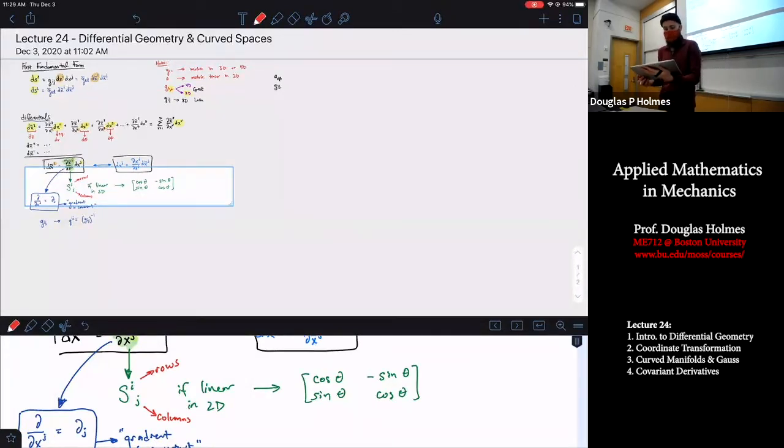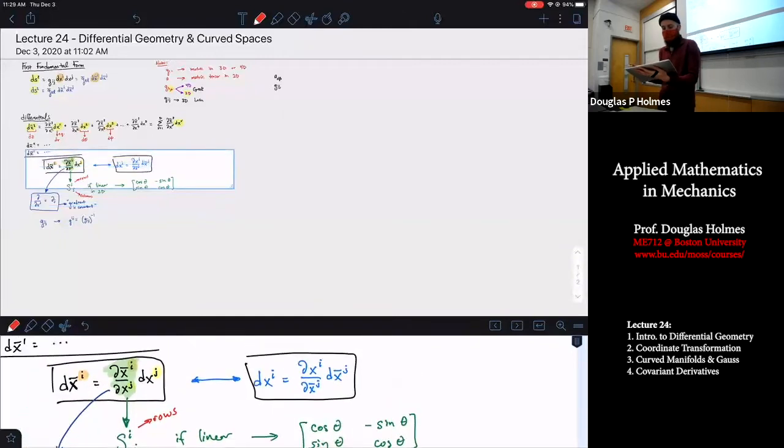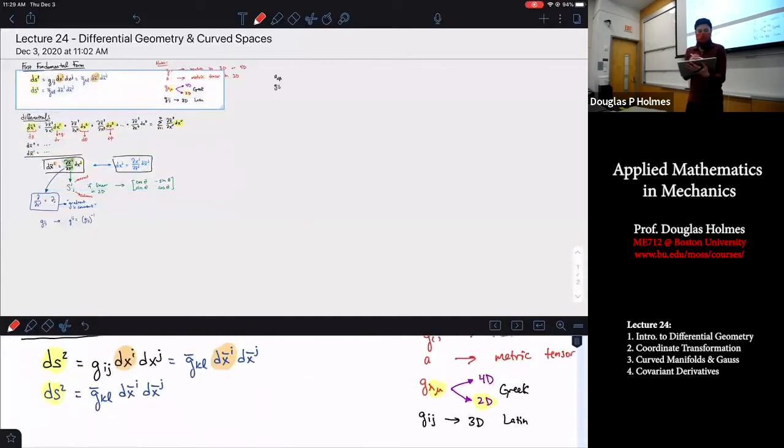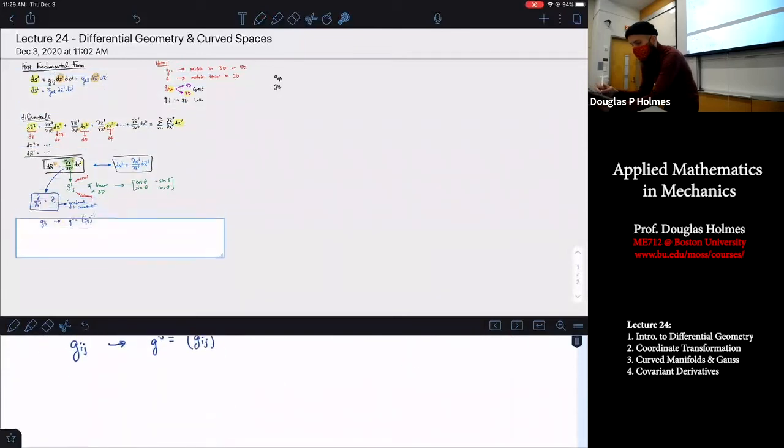Okay. With these two things that I boxed in hand, we can now connect my way of measuring things to your way of measuring things.